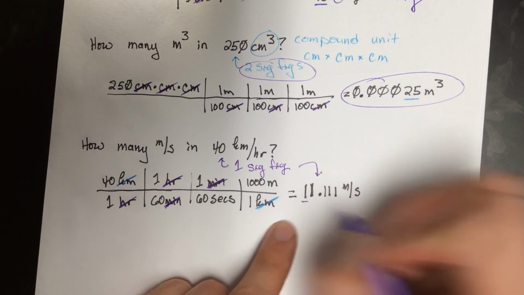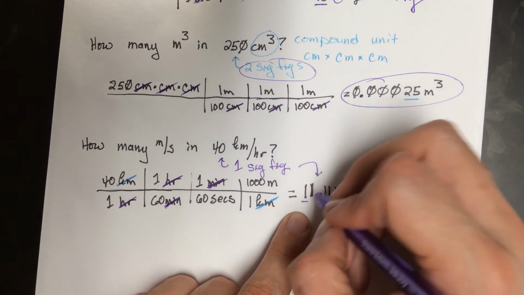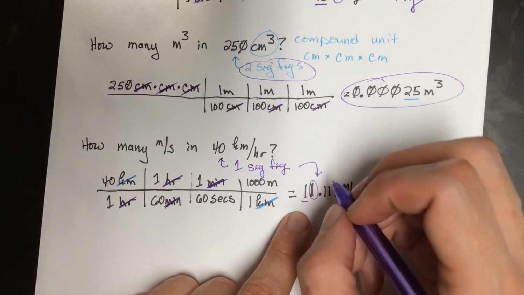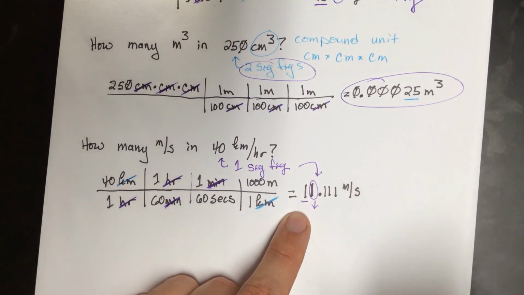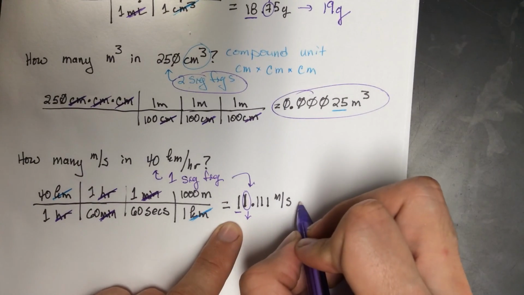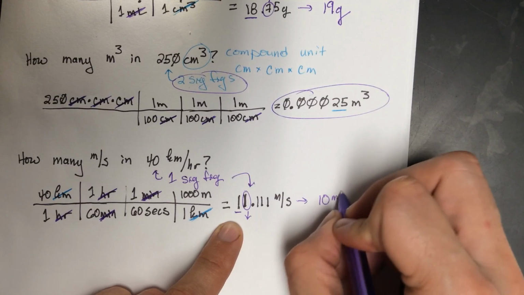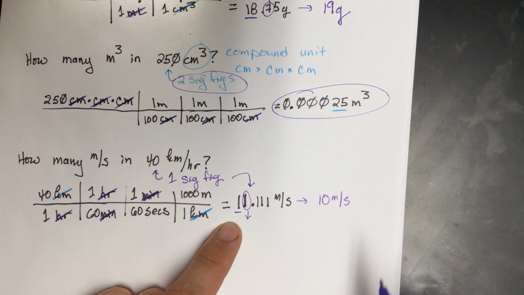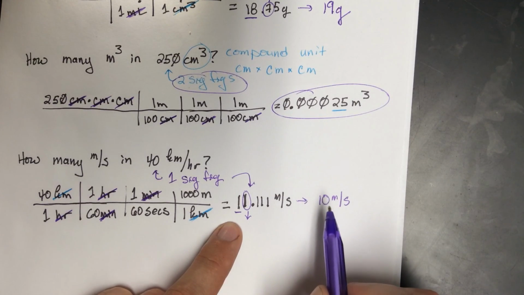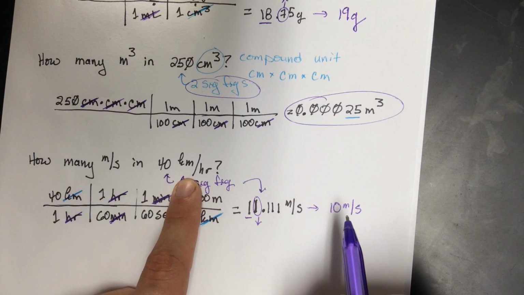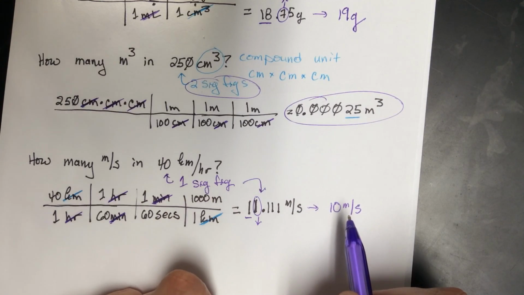So I'll get to keep my 1 in the tens place, and then I have to round based on the digit behind it. A 1 is less than 5, so it's going to round down. And so I will report my final answer as 10 meters per second. Again, this 0 is not significant because it is to the left of the decimal. So 40 kilometers per hour is the same thing as saying 10 meters per second.